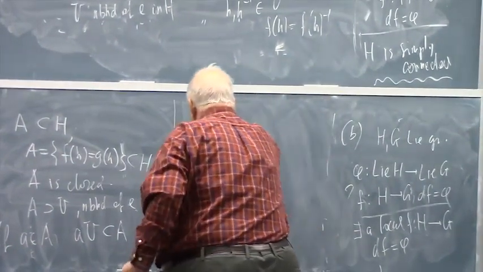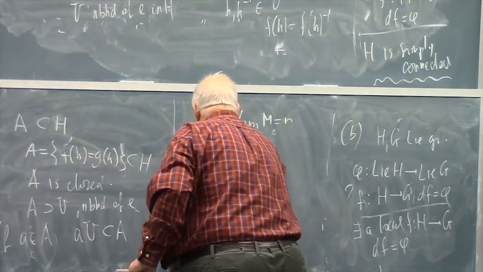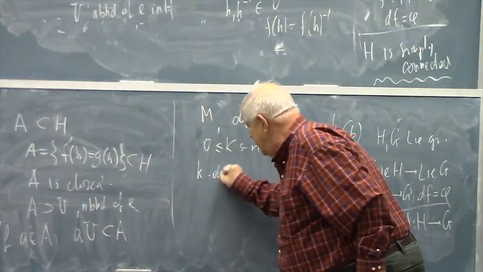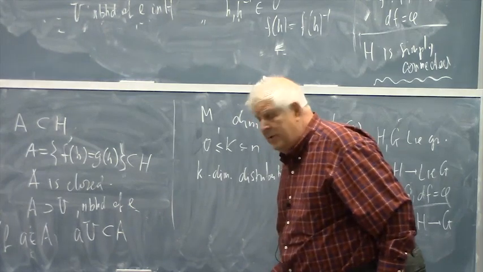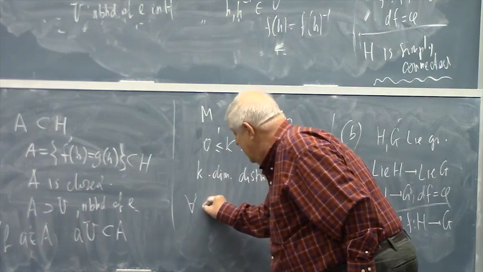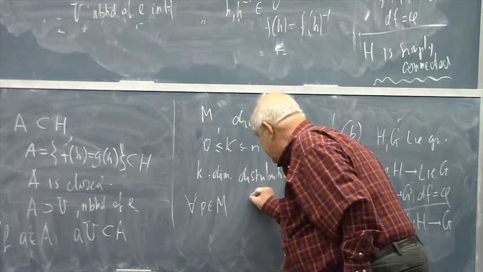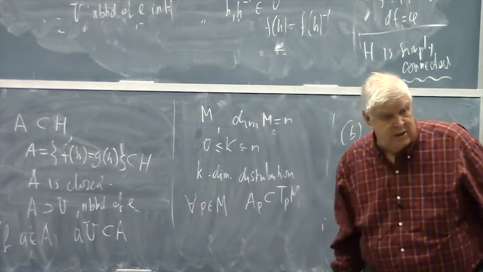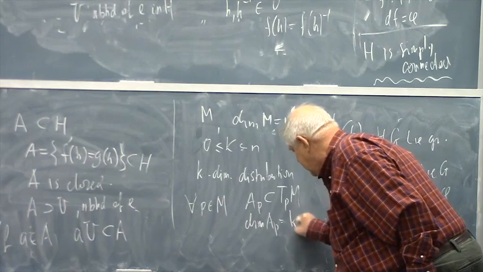So if you have a manifold M of dimension n, and k is a number, then for every point P in M, we have a subspace A_P in the tangent space to M of dimension k.